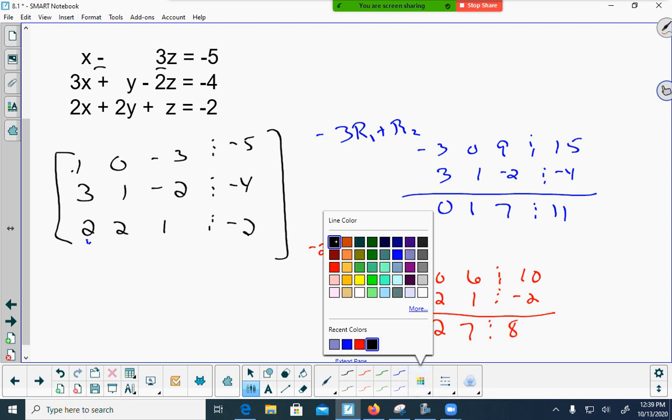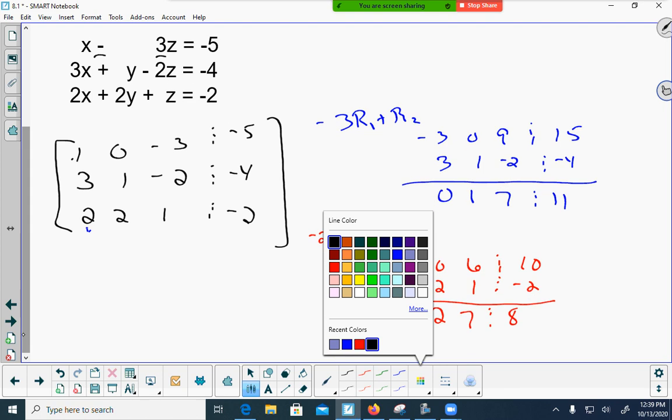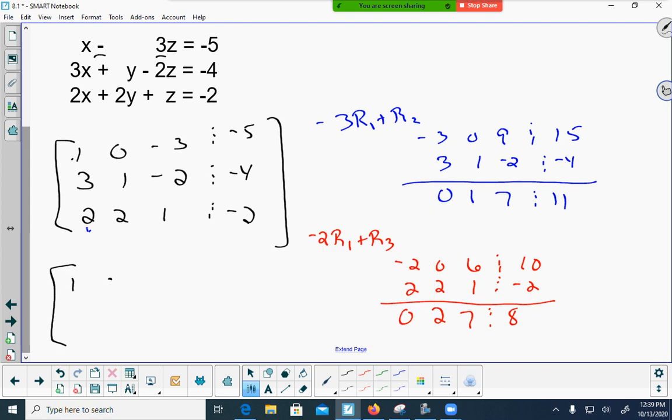So after I fix column 1, everyone's good with that matrix that I have right there, yes? Okay, column 1, I have a 1 followed by 2 zeros, good.